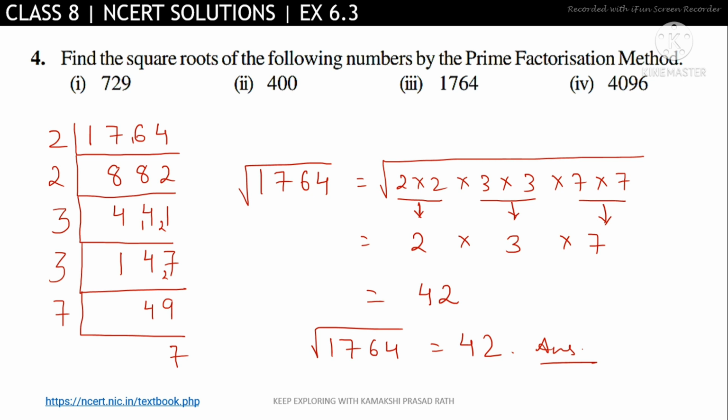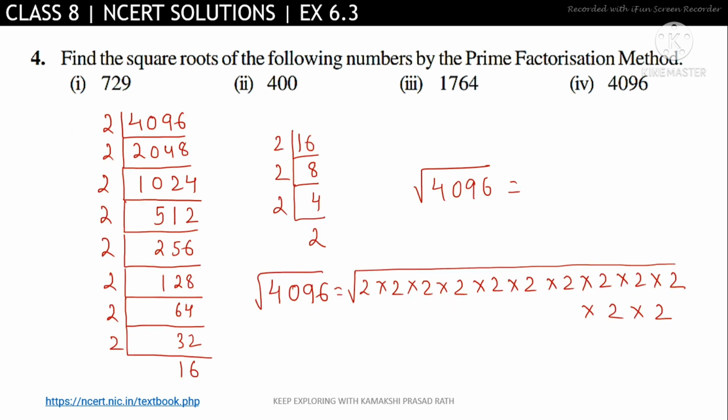In the same way, we can find the square root of other numbers. As you can see, after finishing the prime factorization of 4096, we'll find out the square root now. We'll pair it now. So 1, 2, 3, 4, 5 and 6. We have got 6 pairs. From each pair, one prime factor we will take out.